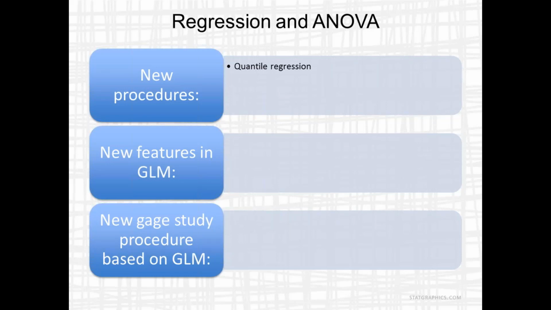There are other times when, rather than modeling the mean, you might be interested in modeling the 90th percentile. Well, a quantile regression will fit models for different quantiles, different percentiles of the distribution. It could be a median regression, for example, if you're trying to fit the 50th percentile. And I'll show you a picture of that in just a second.